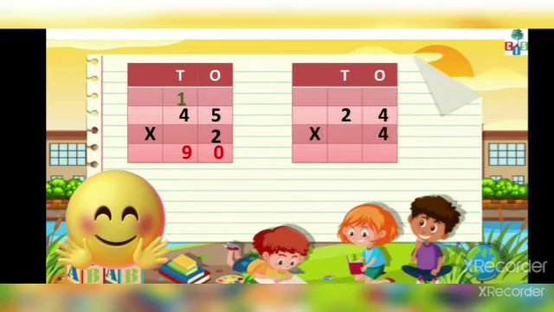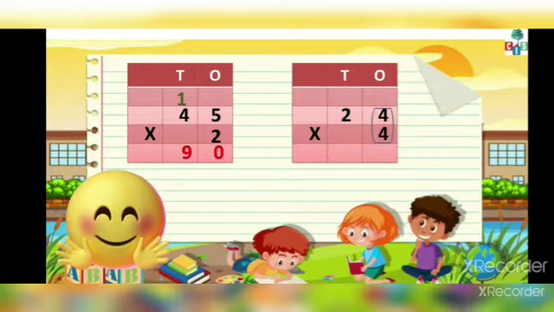Okay. So 24 multiplied by 4. This means 4 times 4 ones and 4 times 2 tens. So first we will start with ones column. 4 multiplied by 4. Okay. So let's say the 4 table.